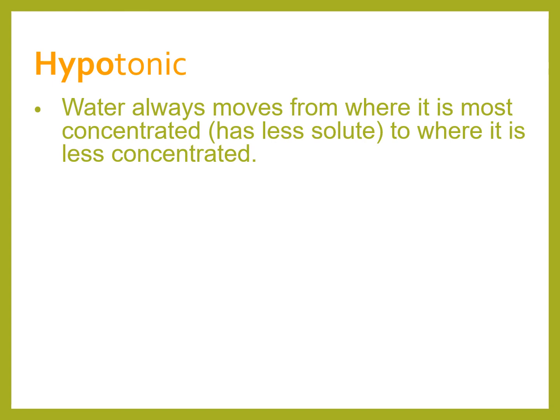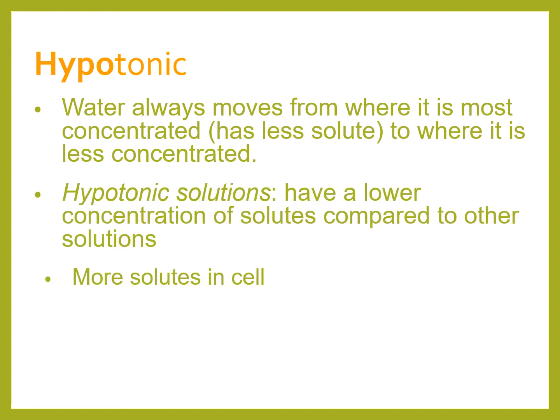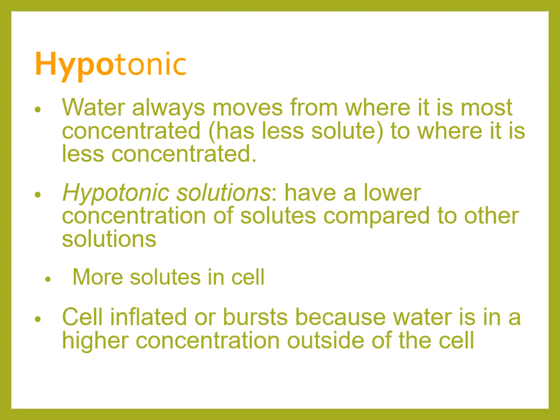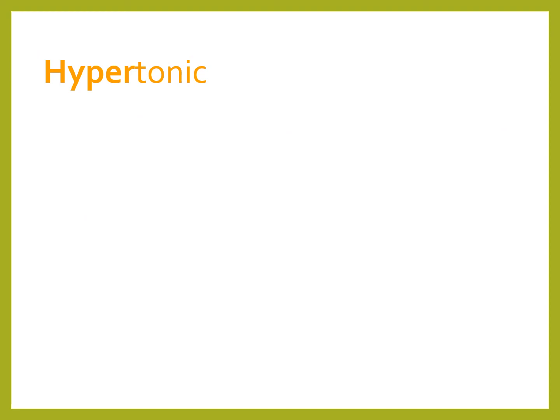So, hypotonic: water always moves from where it is most concentrated, or has less solute, to where it is less concentrated. Hypotonic solutions have a lower concentration of solutes compared to other solutions. More solutes within the cell, so the cell inflates or bursts because of the high concentration of water outside the cell.